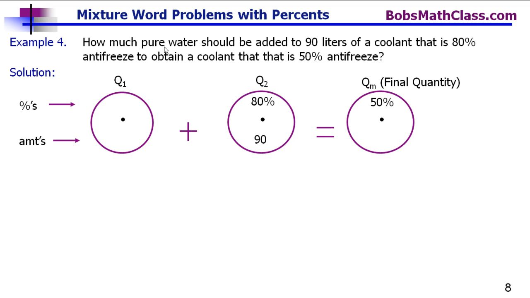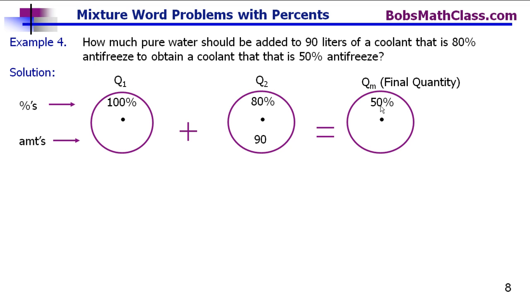We're adding water, so this one's water over here, to 90 liters. That's 80%, and we want to end up with a 50% antifreeze. We're adding pure water. Pure is at 100%. Let's put in the 100%.